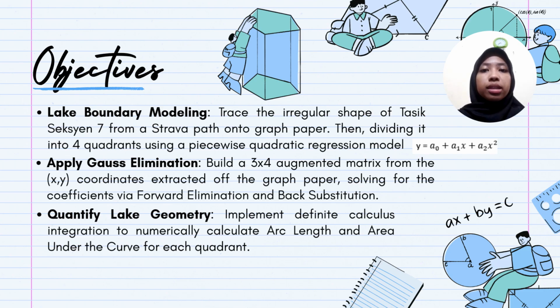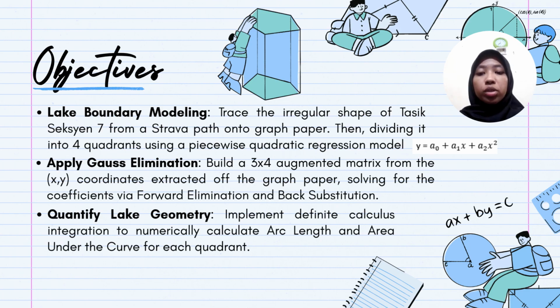The first objective is lake boundary modeling. We need to trace the irregular shape of Tasik Seksyen 7 from the Strava path onto the graph paper, and then we will divide it into 4 quadrants using a piecewise quadratic regression model. The equation is y equals a0 plus a1x plus a2x squared.